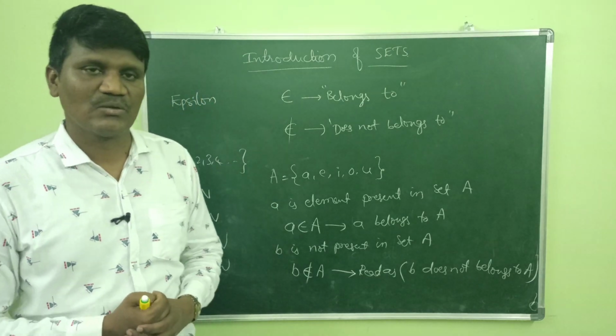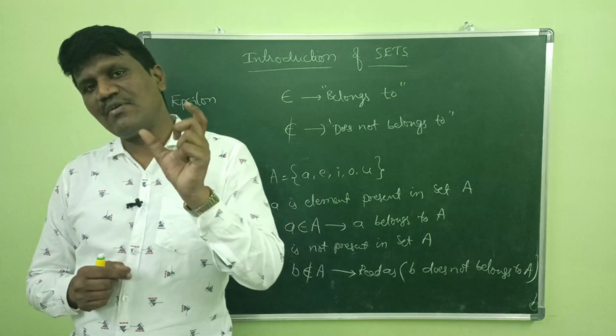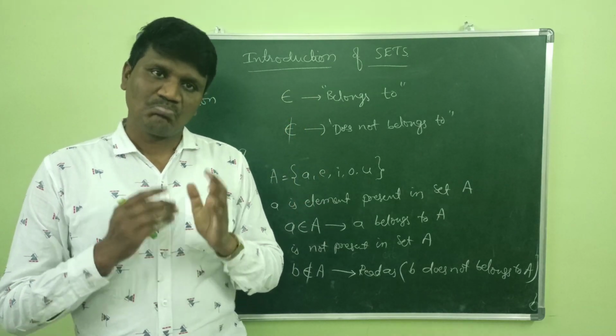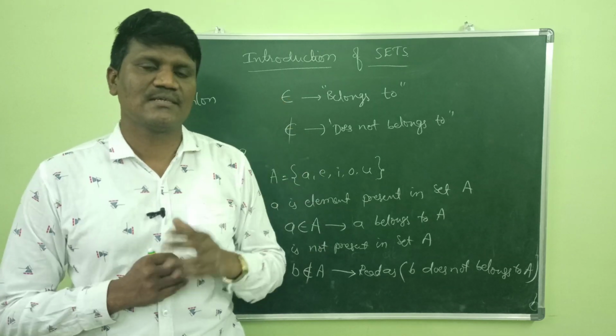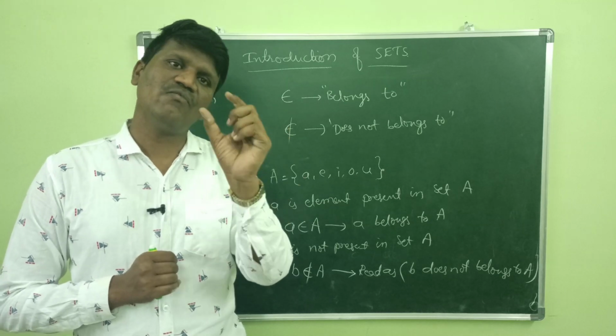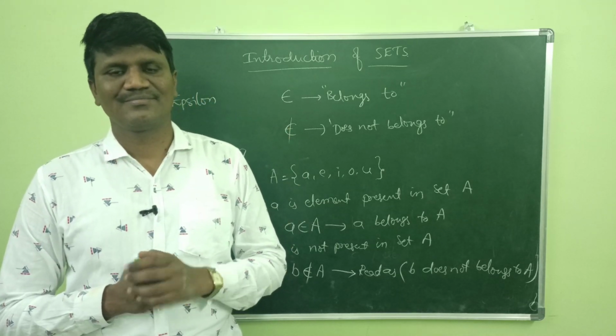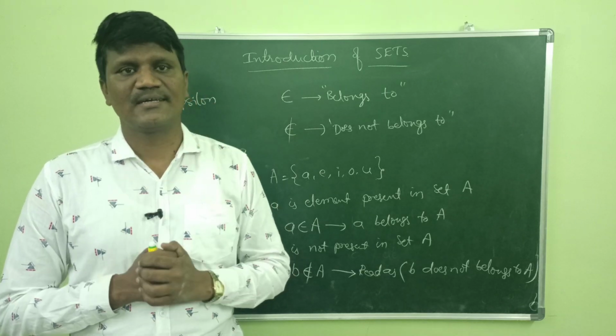So as of now we learned what all the concepts available in the sets. In this video we have learned the introduction of sets, the basic definition of set. What is the set definition? The collection of well-defined objects is called a set.